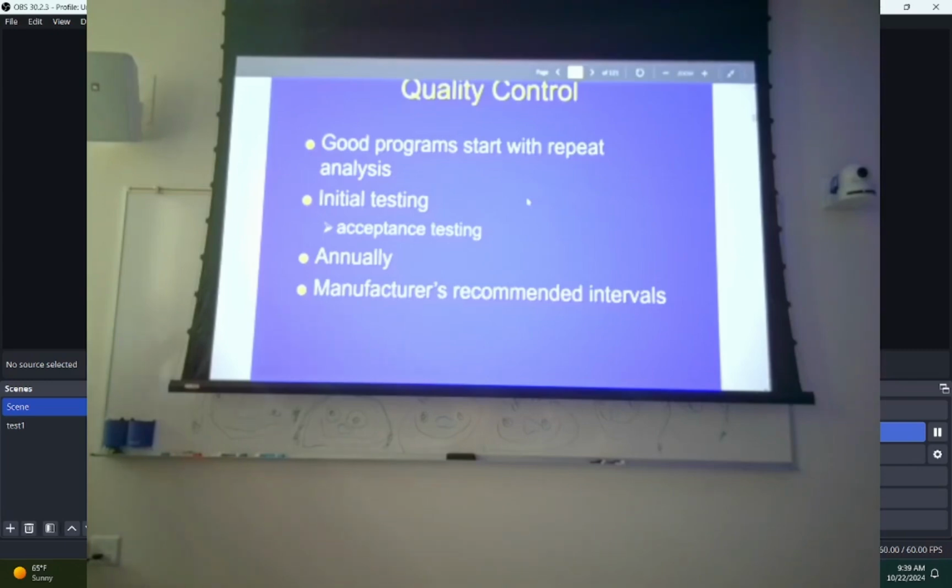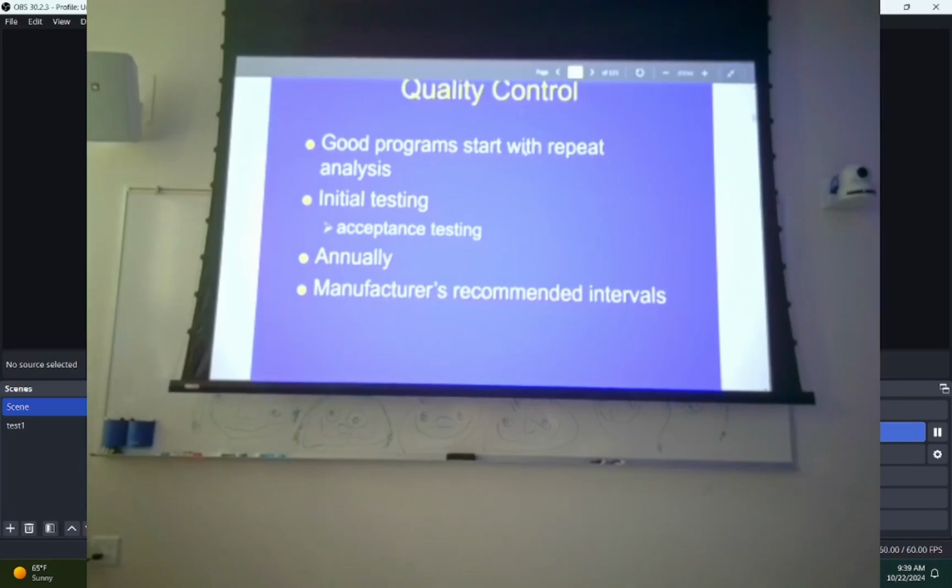The technologists who are submitting those repeats need to know that you're not using it just to fire them, is where I'm trying to go with this. So if they think that it's going to be punitive, that they tell you what they're repeating on, then they're just going to delete all the images, right? So they've got to be able to collect that information. So they need you to turn that information into them.